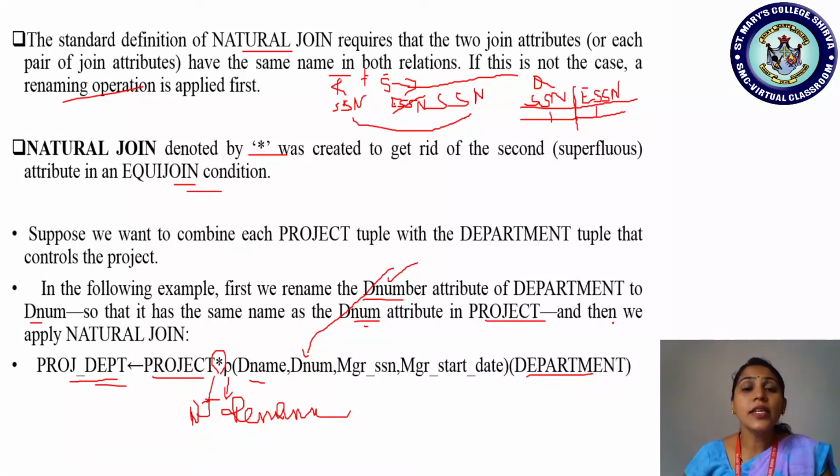Whereas in equi-join what had happened? In both the relations the condition attributes we were using had different names. So as the attribute names were different, when the tuples were joined, both the columns having common values were displayed. So this is with the natural join.